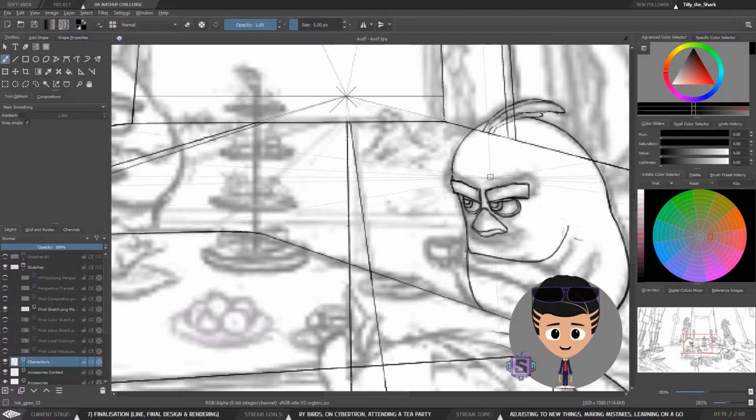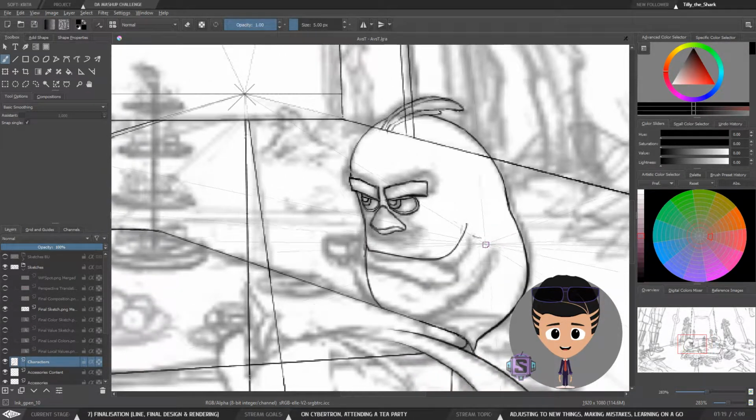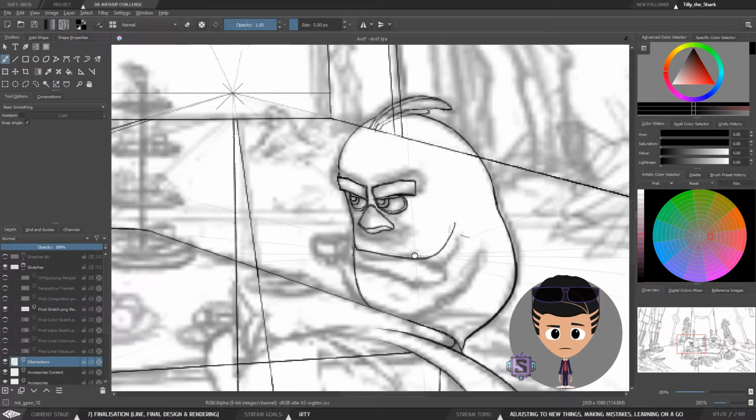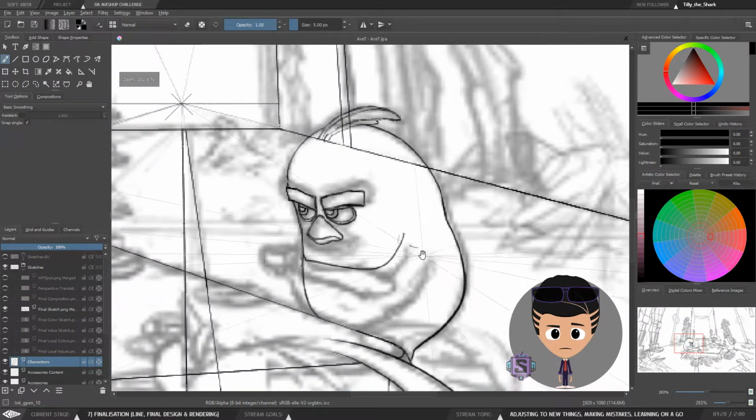But again, I think in order to master beak expressions, you need to draw more than one beak. So if it's not going to look perfect, it's not a problem. I'm not going to stress about it that much.